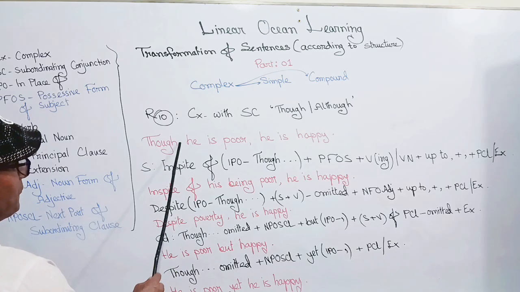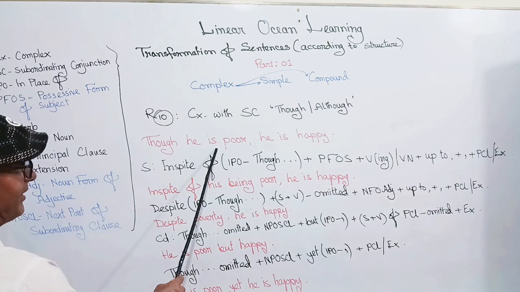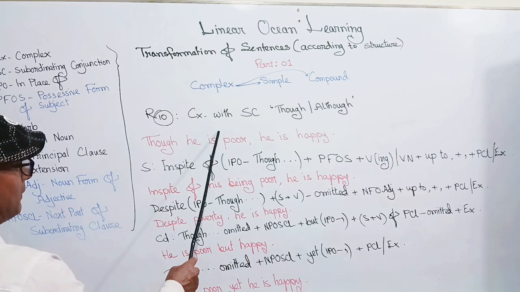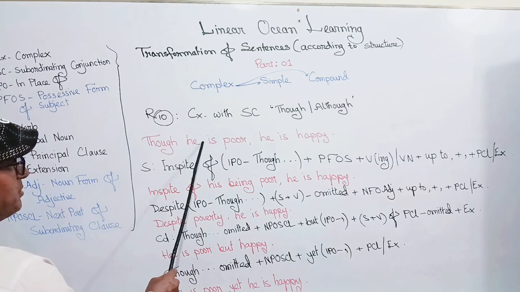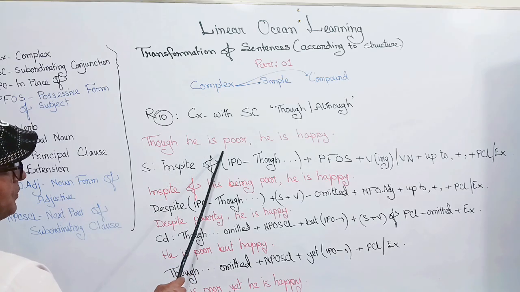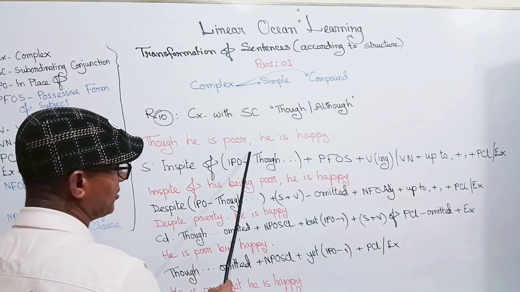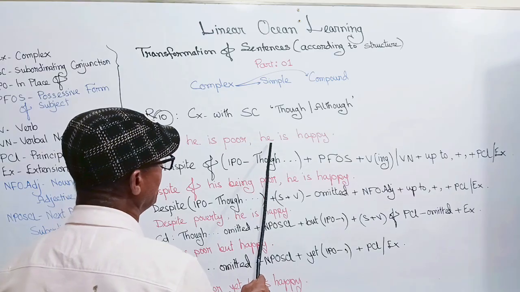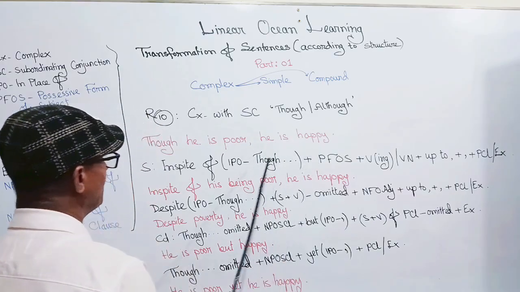The possessive form of subject of he is his. Then verb ing, that means is the linking verb and its base form is be and its verb ing or verbal noun is being. Plus up to comma, poor, plus comma, then PCL, principal clause here is he is happy or extension.